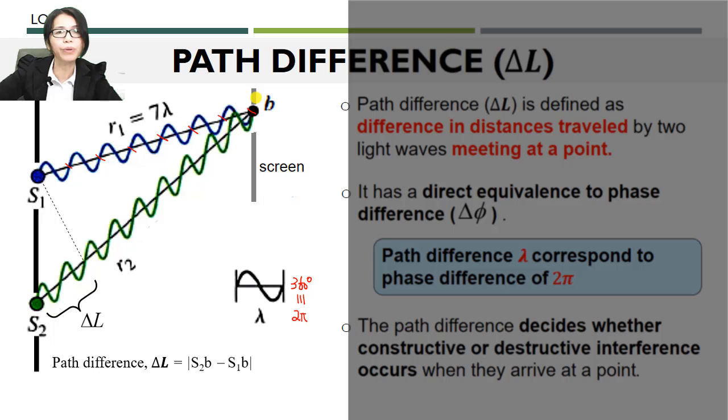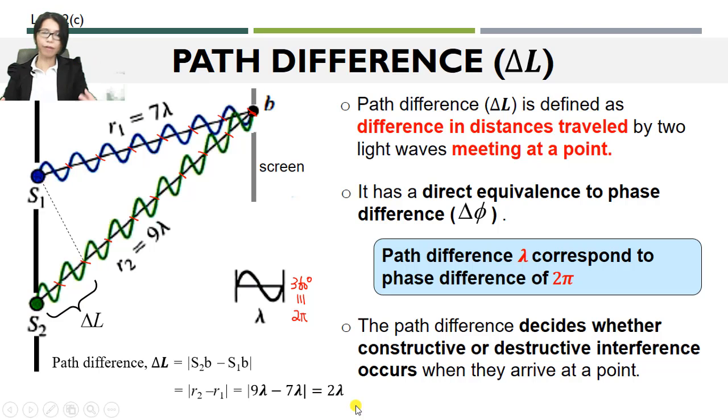So R1 is equivalent to 7 lambda. For S2, I have 1, 2, 3, 4, 5, 6, 7, 8, 9. So R2 is equivalent to 9 wavelengths. So how do I find the path difference? The path difference between them will be 9 lambda minus 7 lambda, equal to 2 lambda. So this is how we find the path difference for two light sources.